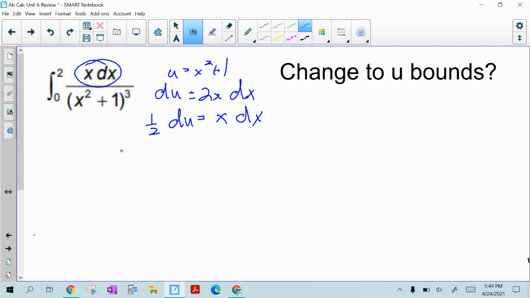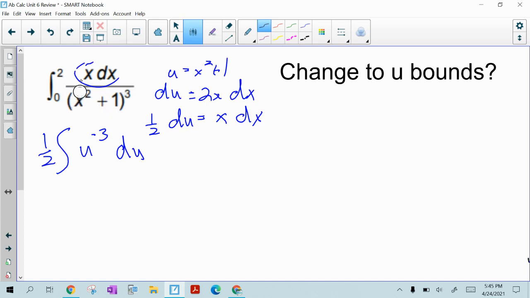So when it comes to rewriting this, I'm going to say 1/2 du, and in the place I'm just going to put u, except that I'm not going to put it down below. I'm going to make it u to the -3 there. Next up, what am I going to do on this? Well, I'm going to integrate both of these, and oh wait, I still have the bounds to deal with. Now, how do I find my u-bounds?